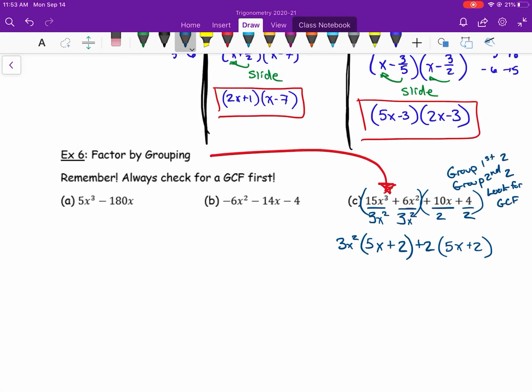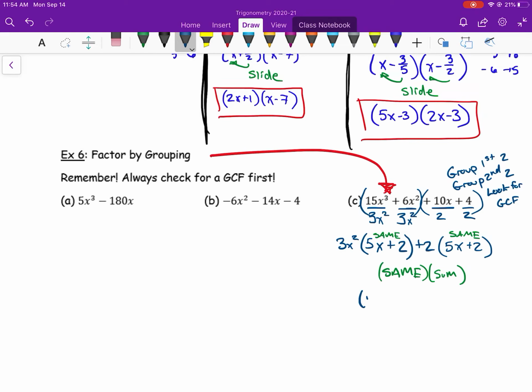All right, so from here we're going to do same times the sum. And what I mean by same is what's in the parentheses. So same, all right, because they're both 5x plus 2.